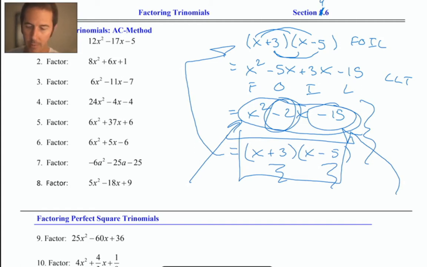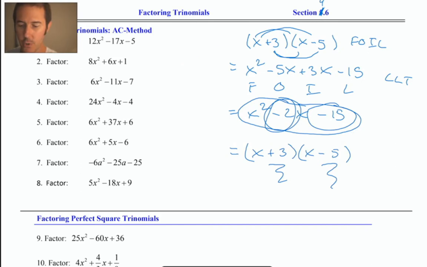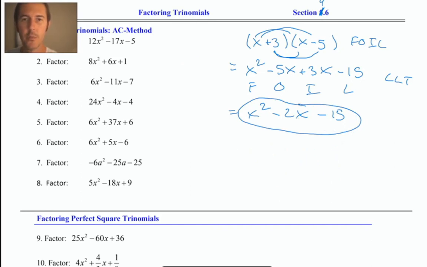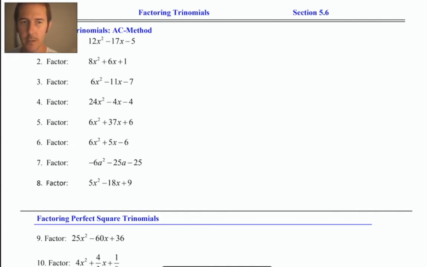There are other guess and check methods that you could use in order to try to factor these expressions to the left, but with guess and check, sometimes you guess right on the first guess, and then the problem didn't take so long. But if you have to keep guessing and guessing until finally you hit the correct pair of numbers in order to make the factoring happen, it can take a long time.